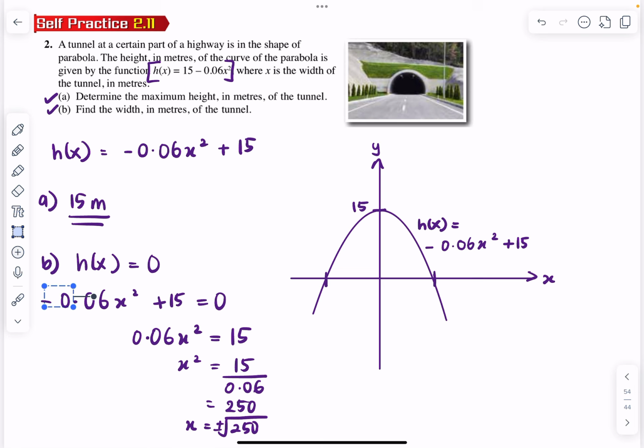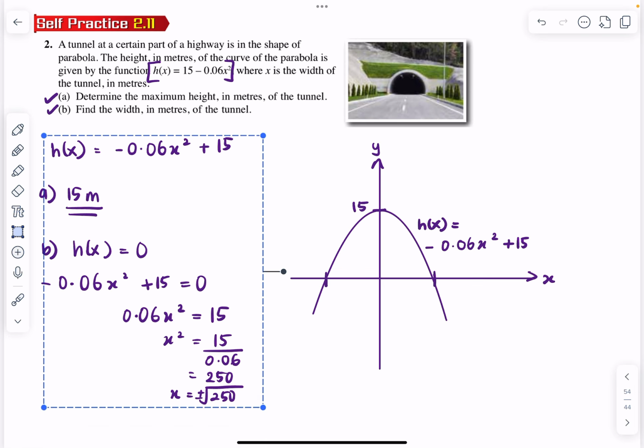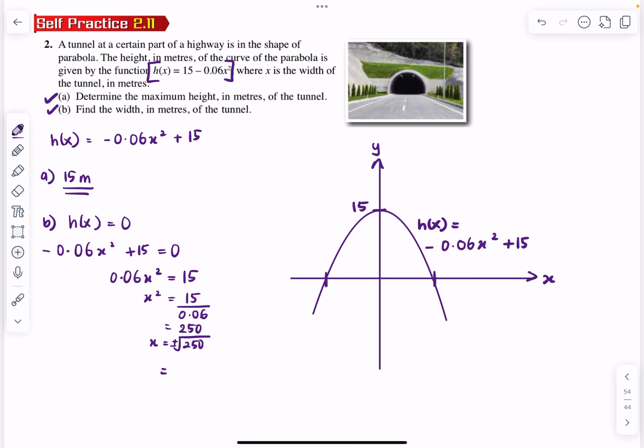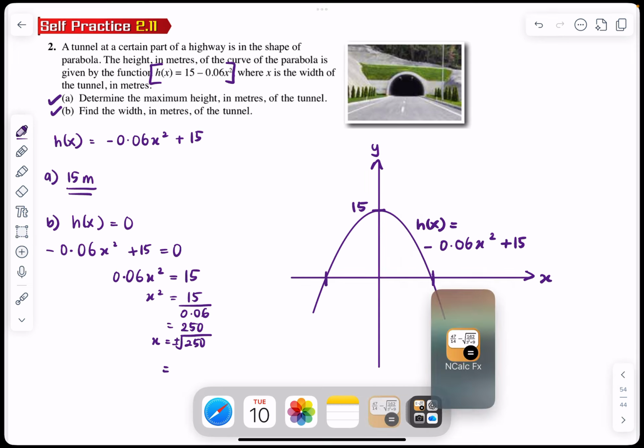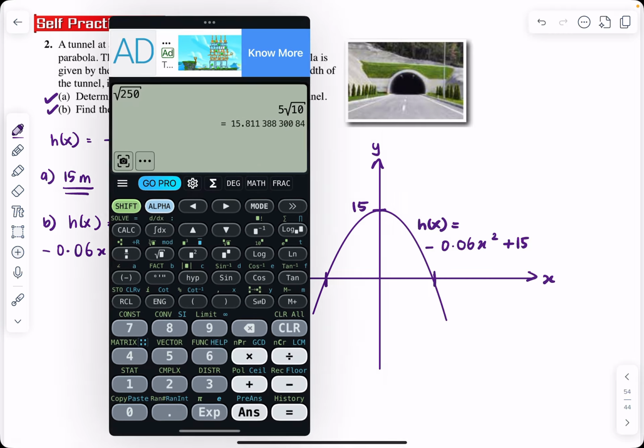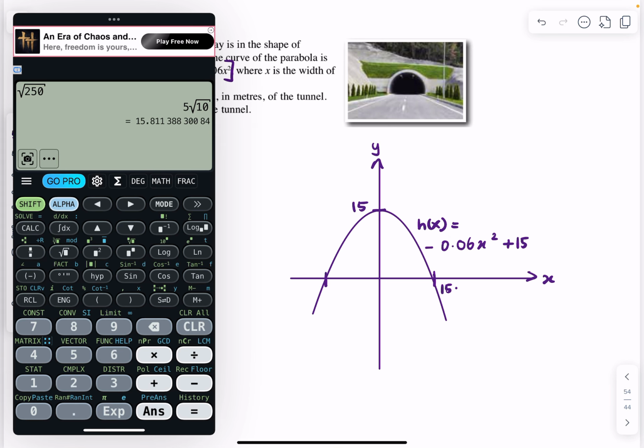Square root of 250 will be 15.811. So here will be positive 15.811. Here will be negative 15.811.